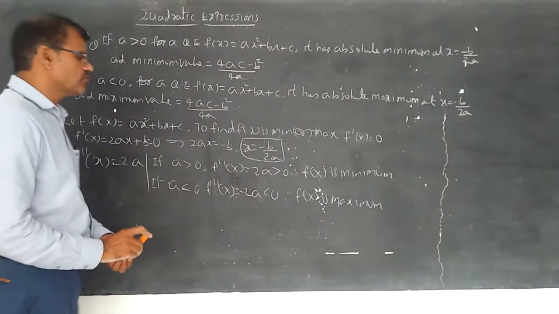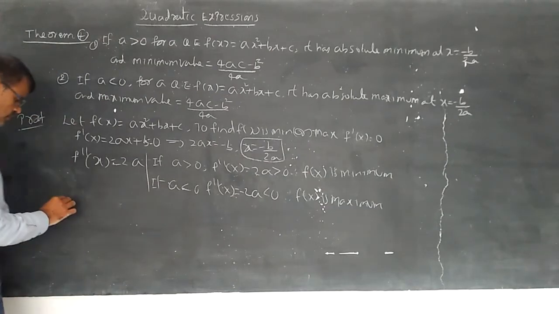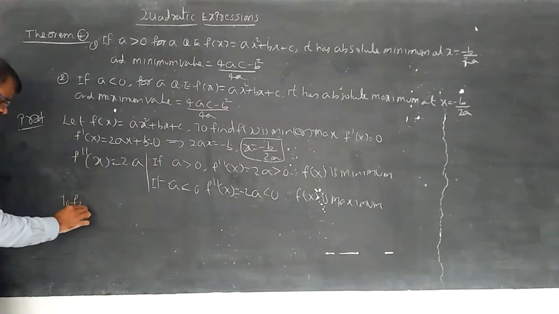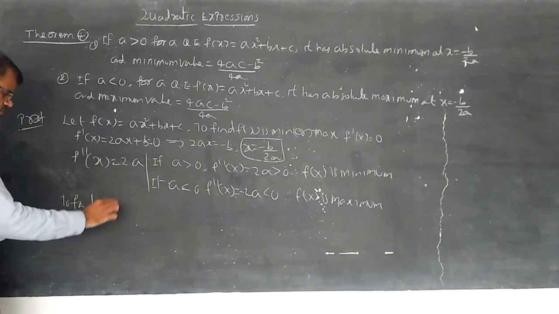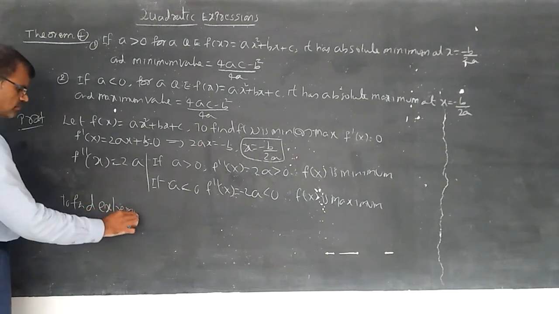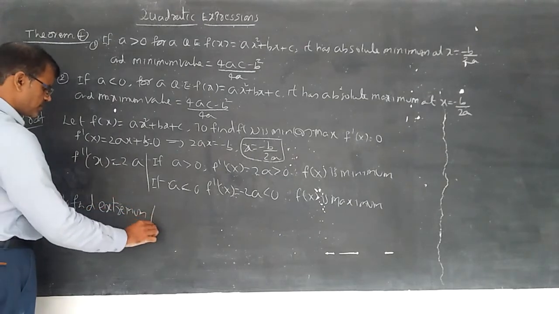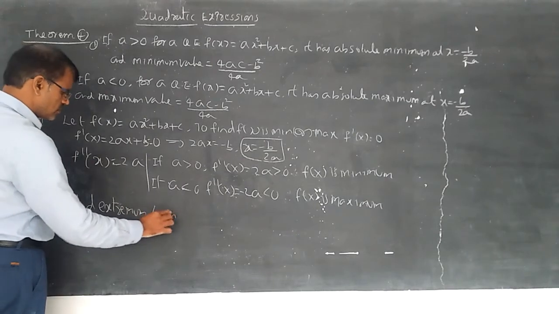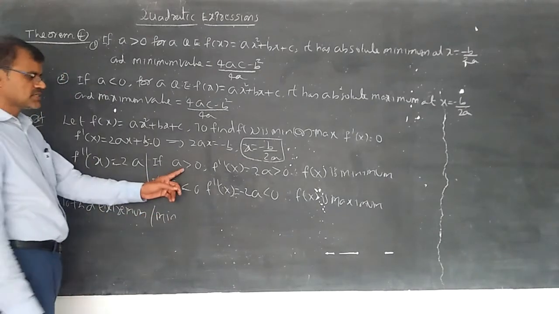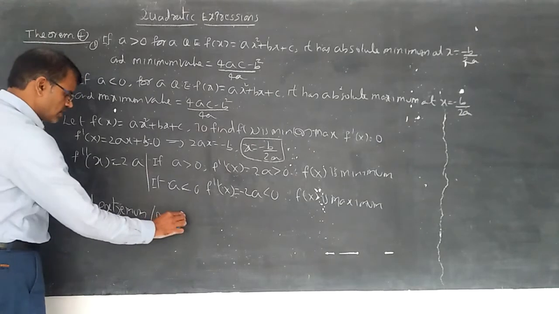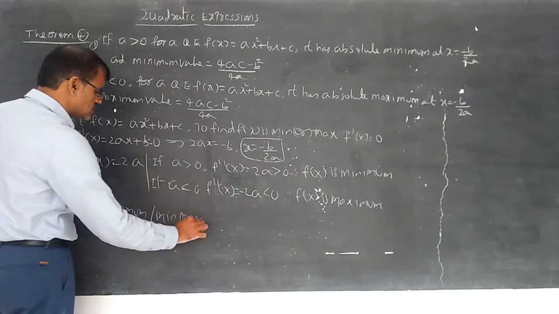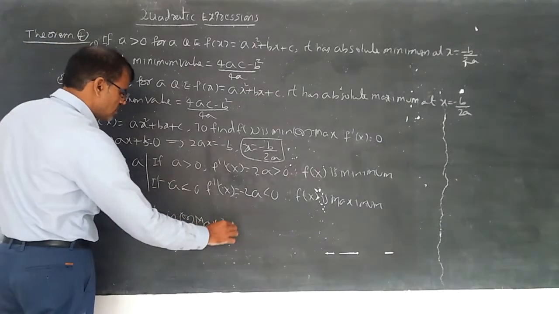To get the minimum value or maximum value, to find the extremum, you can understand extremum means min or max. Whether the function is min or max is decided by f double dash x, but the min or max value is found the same way.